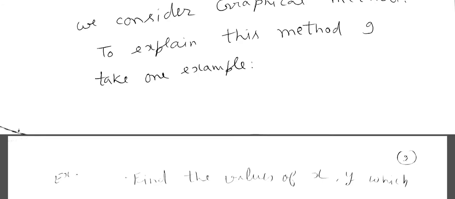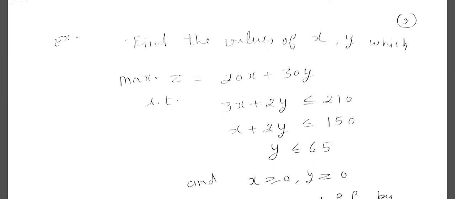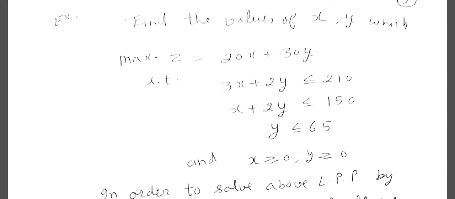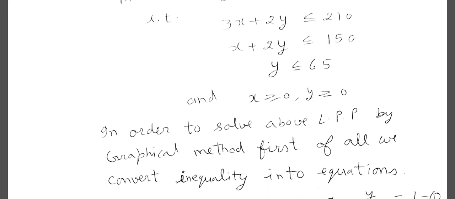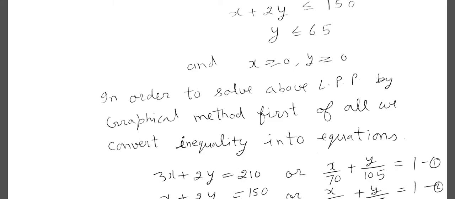To explain this method, I take one example: find the values of x, y which maximize z equal to 20x plus 30y subject to the conditions 3x plus 2y is less than equal to 210, x plus 2y is less than equal to 150, and y is less than equal to 65. Also non-negative restrictions, x greater than equal to 0, y greater than equal to 0.